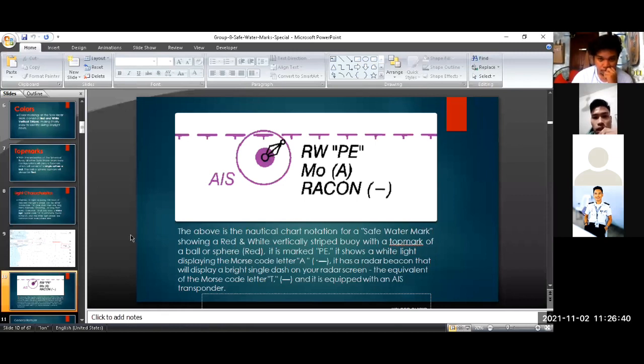It is marked PE, and it shows a white light displaying the Morse code A, one dot and one dash. It has a radar beacon that will display a bright single dash on your radar screen. The equivalent of the Morse code letter T is one dash, and it is equipped with an AIS transponder.